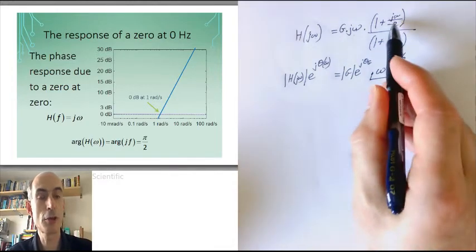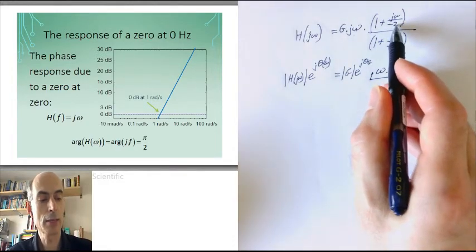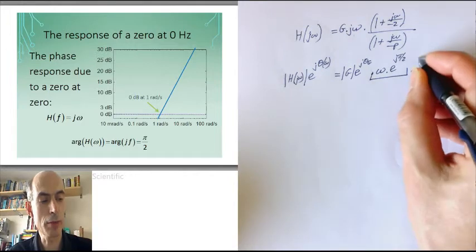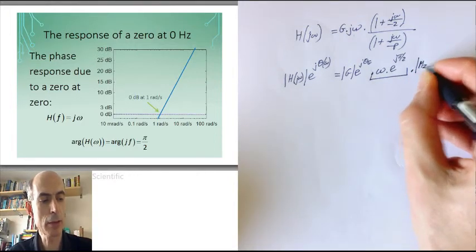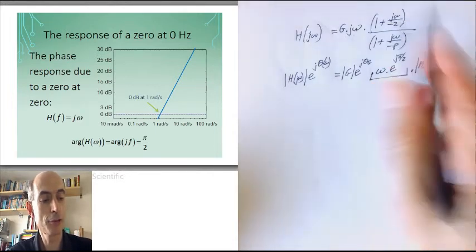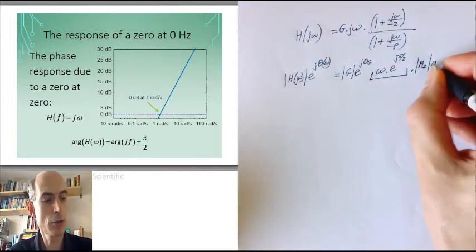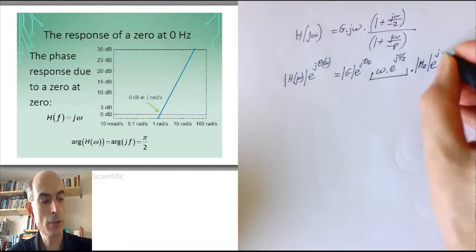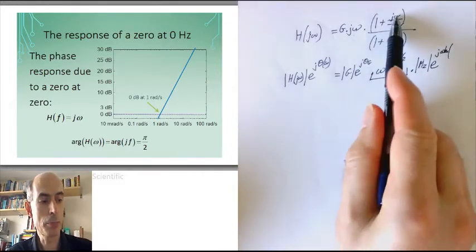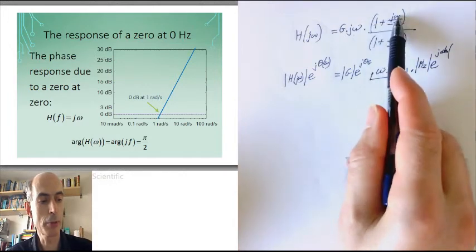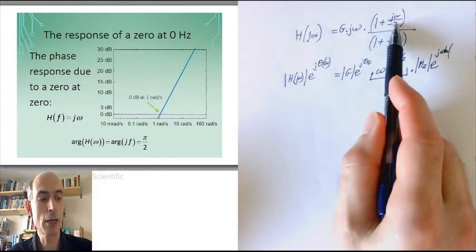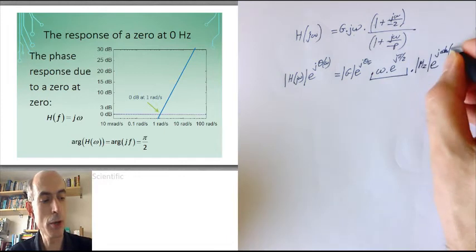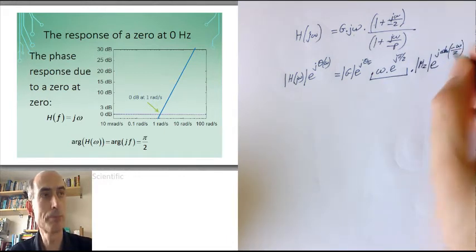And then this 0 here would have a magnitude. I'll just write that as, I don't know, mz for now, the magnitude of this term here, and its phase would be e to the power of j times the arctangent of the imaginary part divided by the real part. The imaginary part is omega over minus z, the real part is 1, that's just minus omega over z.